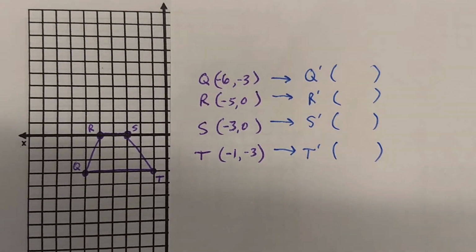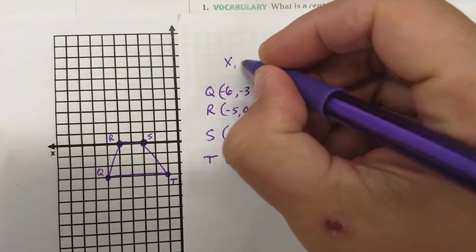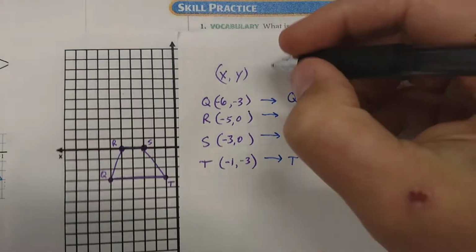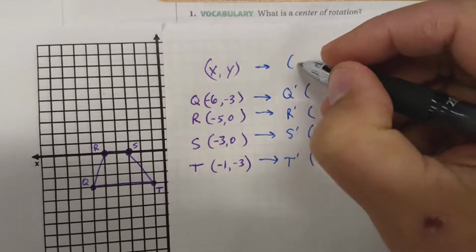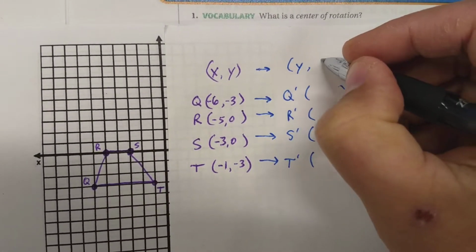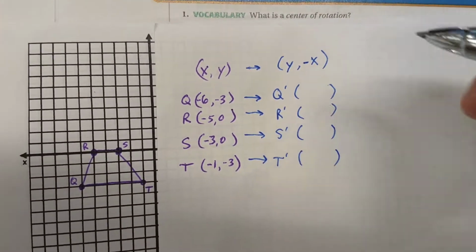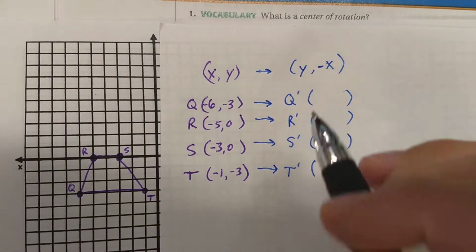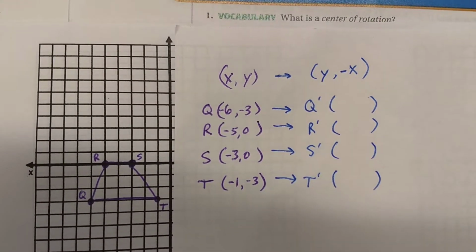Well, the rule for a 270 degree angle is to take whatever the original xy coordinate is, and we flip it around so that the y comes first and the x comes second, and we make that x negative. So whatever xy is, it becomes y, negative x.